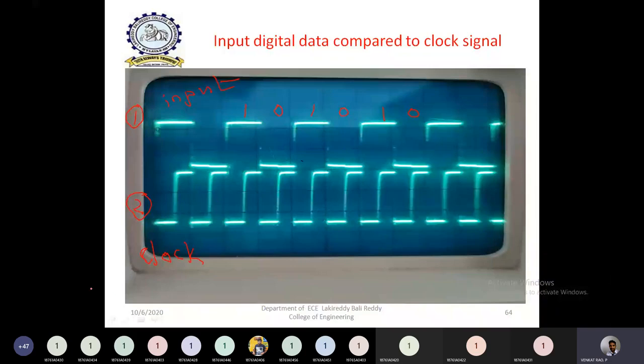So in order to identify the bit sequence from the input, you need to compare with the clock pulse. For every clock time period, depending on how many high pulses or how many negative voltages are coming, you can identify the bit sequence. For example, in this case, during one clock time period, only one pulse is generated. During this positive period, only one clock time period is there.